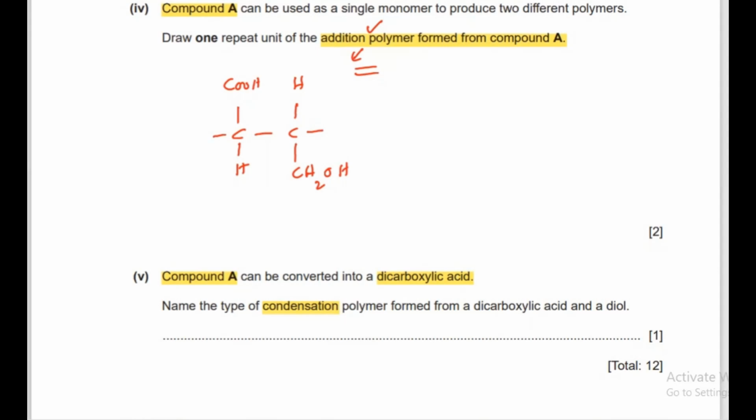For example, this is A. If you add alcohol, you will get the ester here, and if you add carboxylic acid, you will get the ester linkage here. The type of condensation polymer formed has ester linkages, and because there are many ester linkages, you can say this is a polyester.